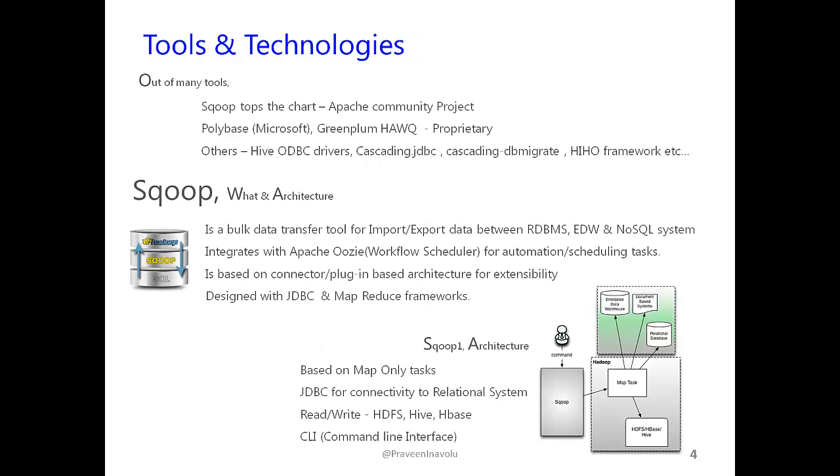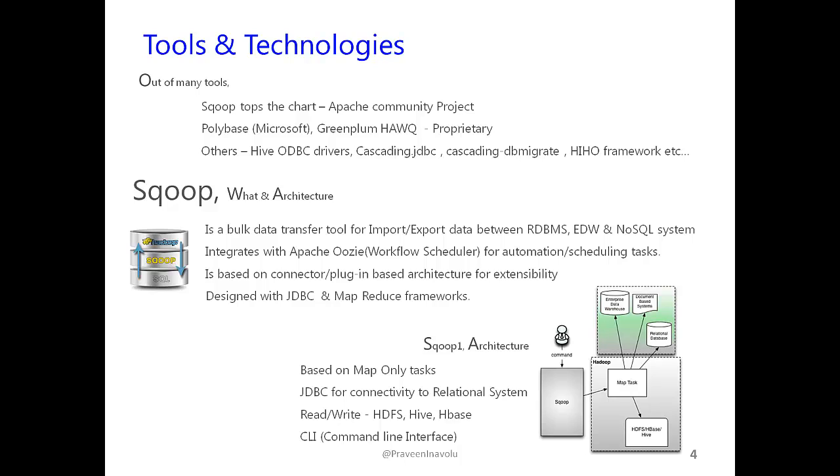Okay. Next, we'll look into the tools and technologies that are available for this data transfer. There are many tools out there in the market, but out of which Sqoop is definitely on the top, which is an Apache community project. From a commercial perspective, there are proprietary tools.